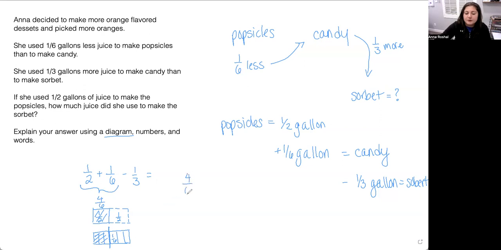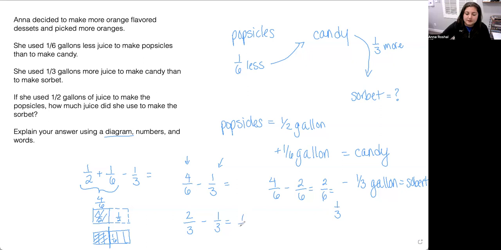And then when we do 4 out of 6 minus 1 out of 3, we're really going to have to make common denominators. Either we can turn this guy into 2/3 and subtract 1/3 from that, or we can turn this guy into 3/6, 2/6, and still end up with the same 2 out of 6, which is the same thing as 1/3.